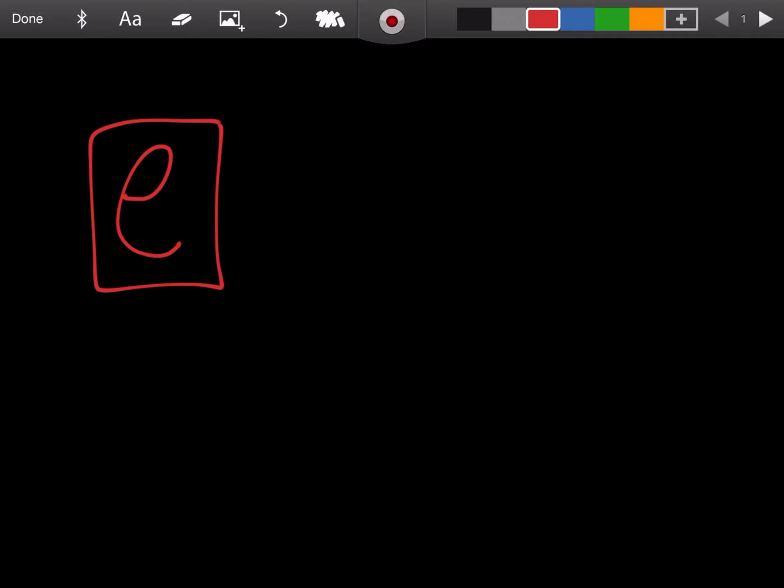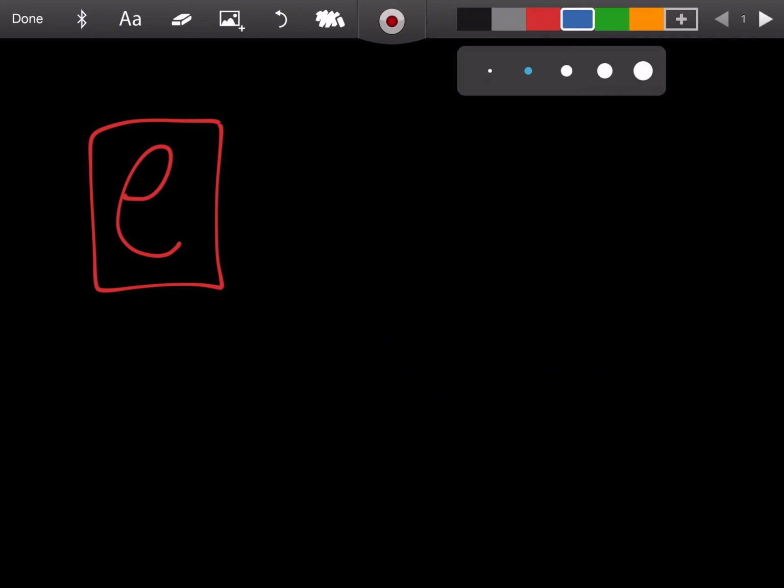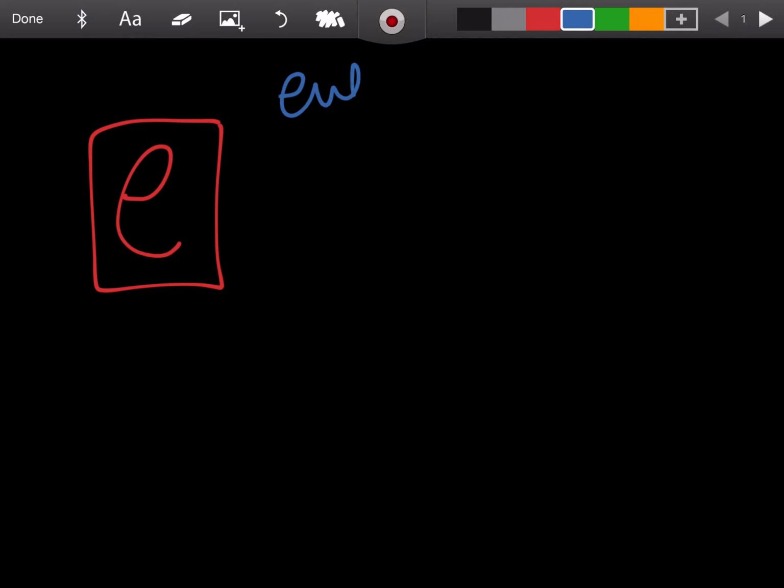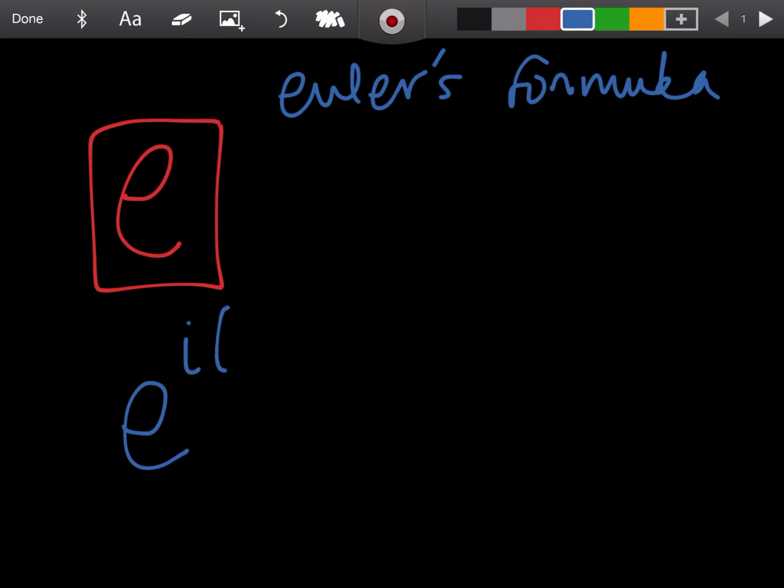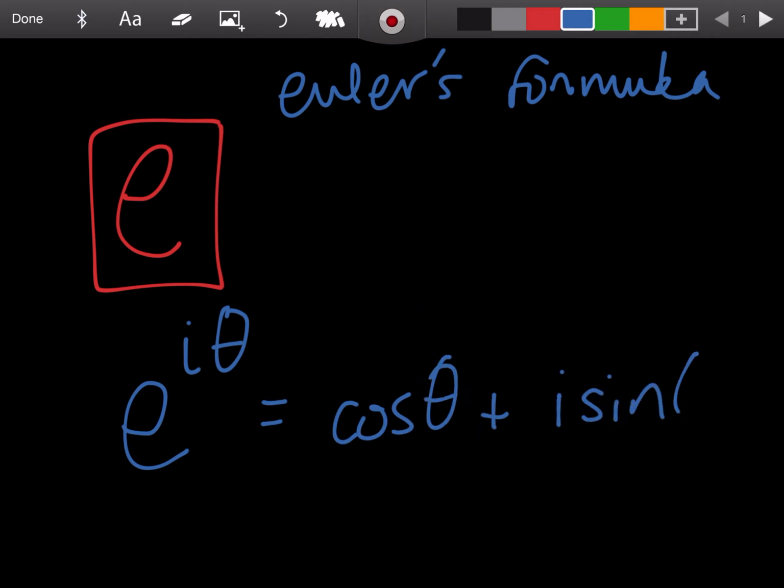One of the really cool things in signal processing is that you can model sinusoids or sine waves using exponentials as well, using this crazy, awesome formula called Euler's formula: e to the i theta is equal to cosine theta plus i sine theta.